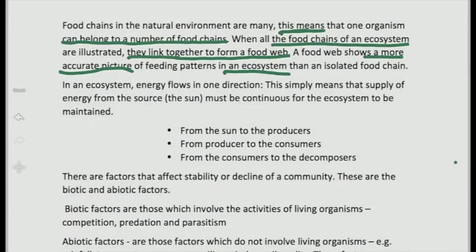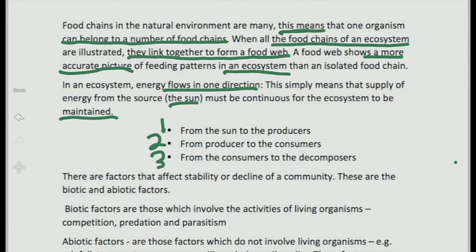In an ecosystem, the energy flows, we have said, in one direction, because this simply means supply of energy from the source, which is the sun, must be continuous for the ecosystem to be maintained. The energy is from the sun, then to producer, and then the different consumers.